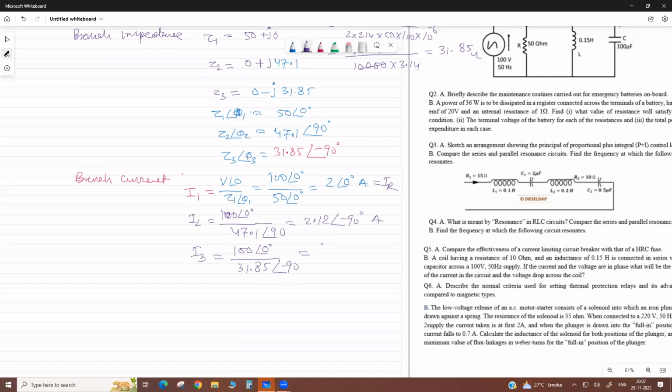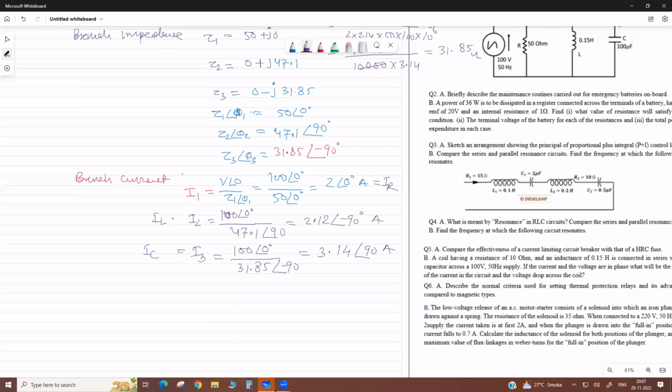So here it comes 100 divided by 31.85, 3.139, or 3.14 we can write. This much, angle is plus 90. So see, this is IC, because current in a capacitor leads.